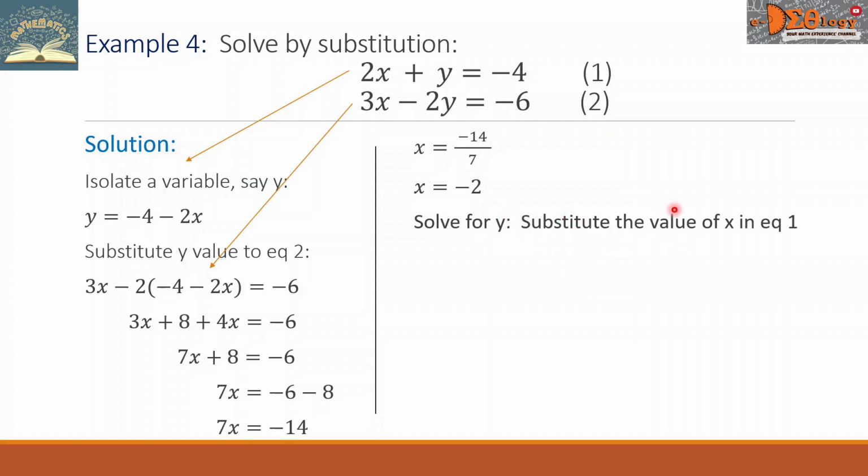We substitute the value of x in equation 1. We can use this equation here. So y equals negative 4 minus 2 times negative 2. This negative 2 times negative 2 is positive 4. Negative 4 plus 4 is 0. This is the value of y.